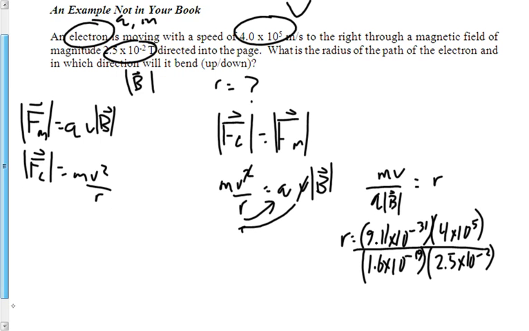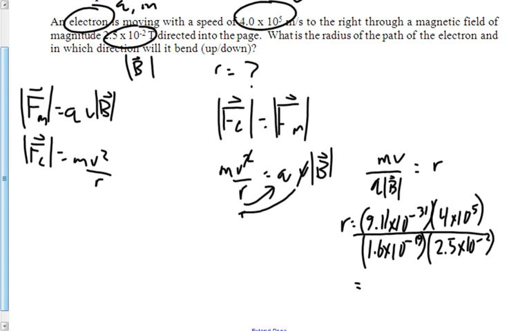Now, I don't remember what the answer to this question is, but I do remember that there's a shortcut to solving this one. 1.6 times 2.5 is 4. Therefore, that 4 cancels with those numbers, which leaves me with a radius of 9.11 times 10 to the negative 31 divided by negative 21.